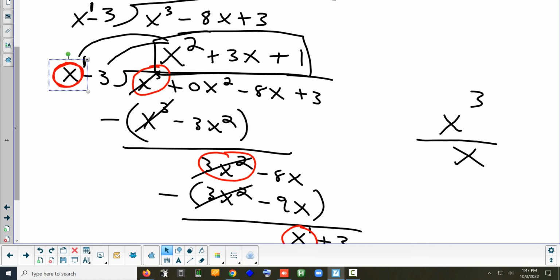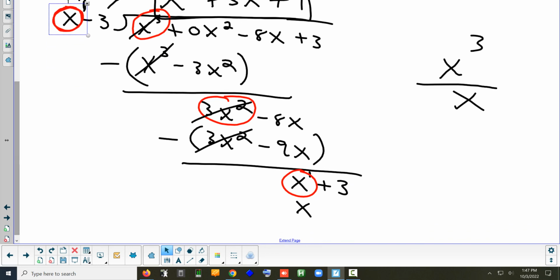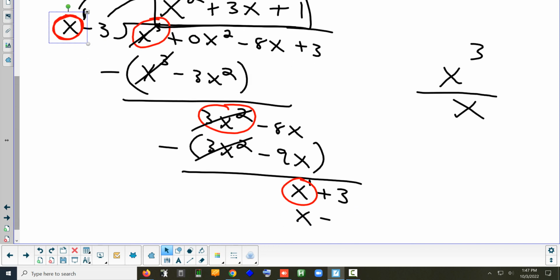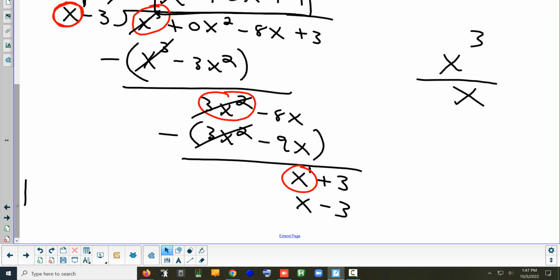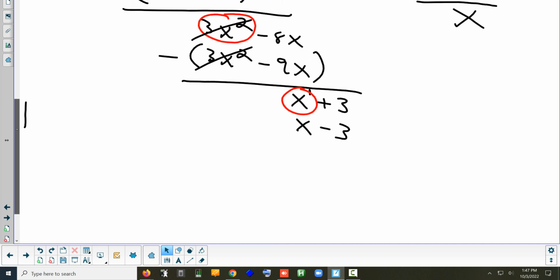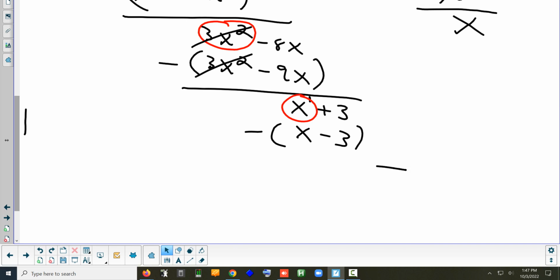So multiply the 1 back out. 1 times x is x. 1 times negative 3, negative 3. And what do I do with the columns? Yep, I'm going to subtract them. x take away x, that's gone.